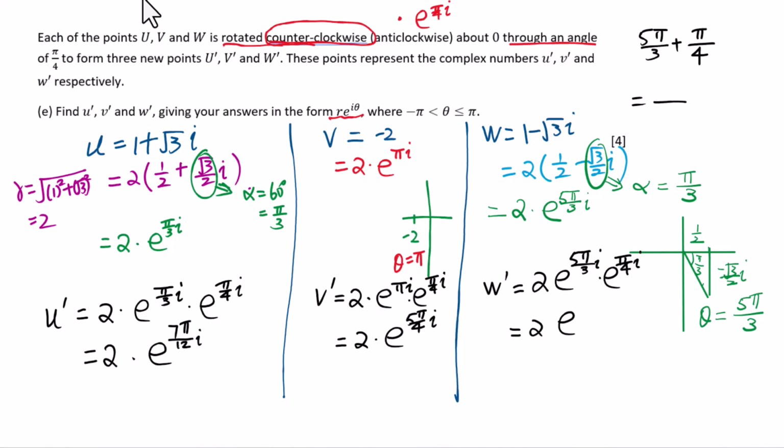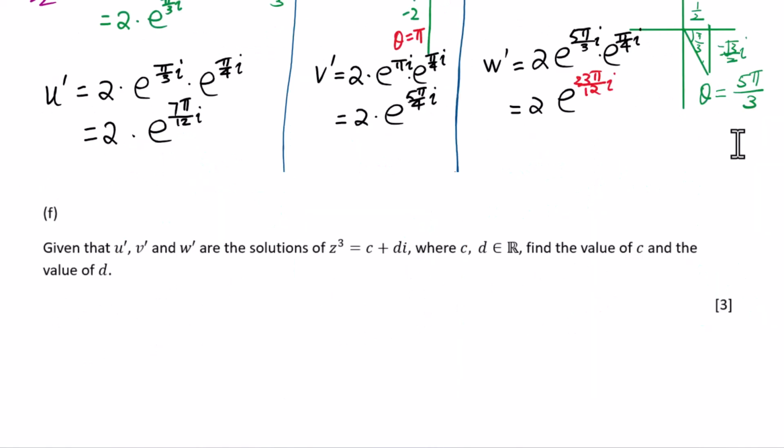We will get times 4 times 4, 20 pi over 12 plus 3 pi over 12, which is 23 pi over 12 i.